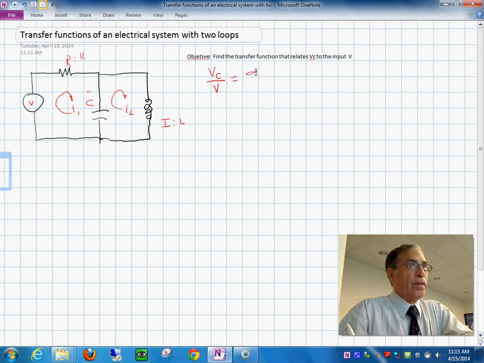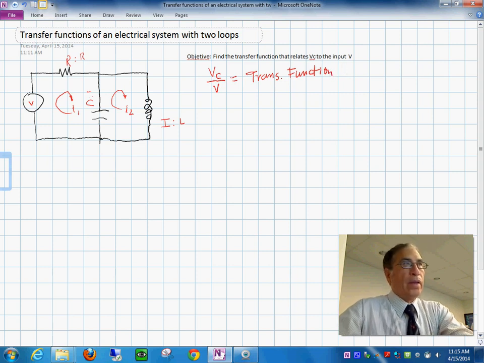This is your transfer function. This is what our objective would be.